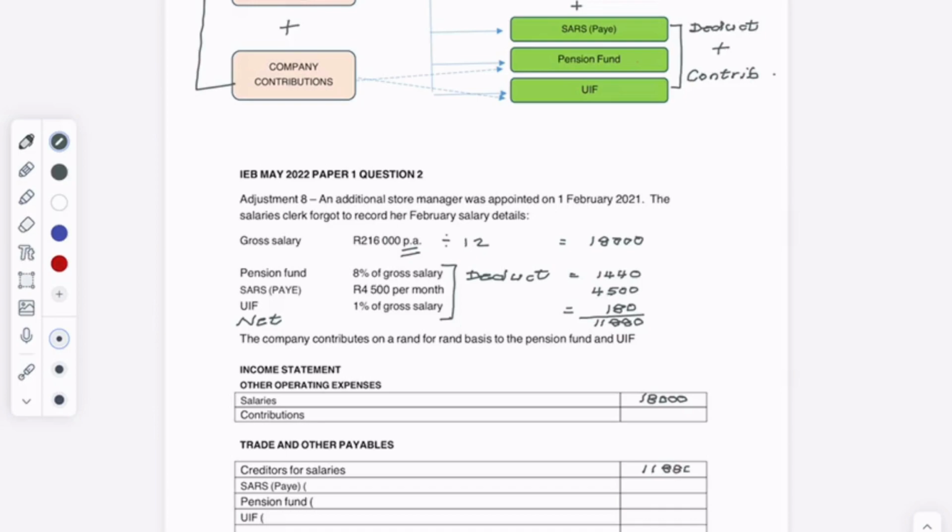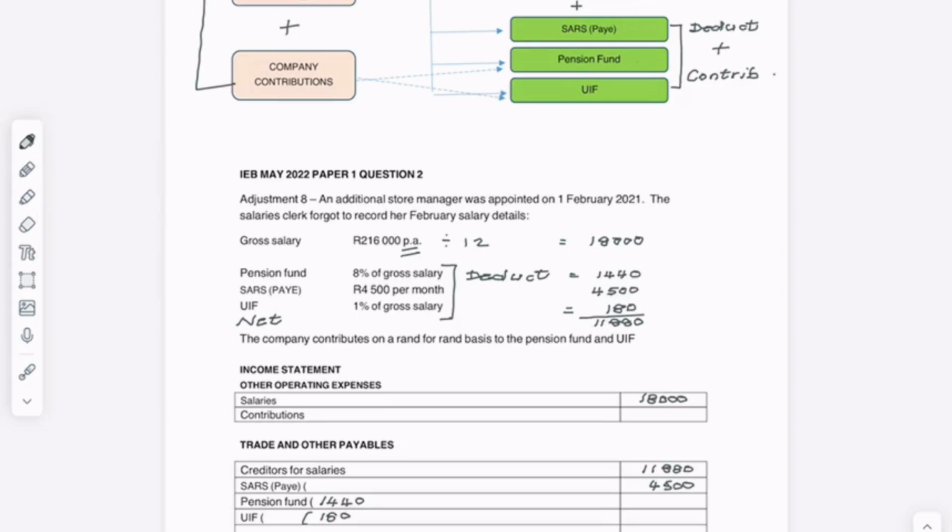That's the net salary. SARS PAYE is 4,500. So these are your deductions. The pension fund, now the company is also contributing to the pension and the UIF. So we've got two figures there. So let's put in the employee's amount, which was 1,440, and to the UIF was 180 Rand.